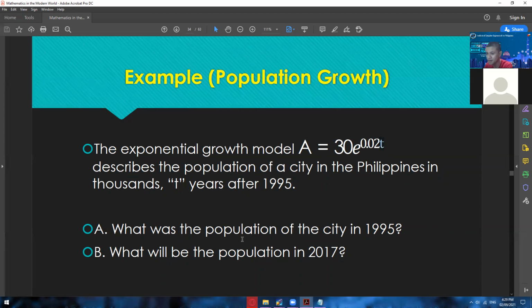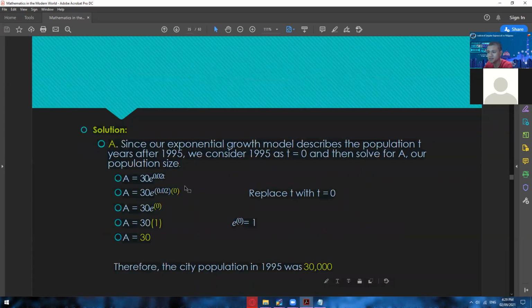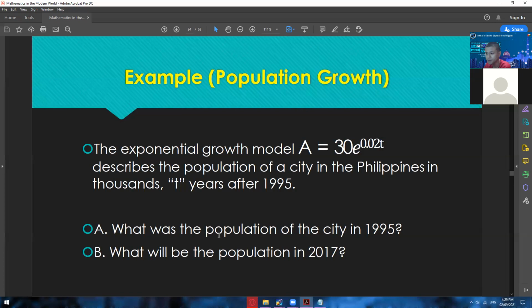Okay, what about letter B? So here's the solution for letter A. So the answer is 30, where it's still 30,000. Okay, but how about letter B? What will be the population in 2017?